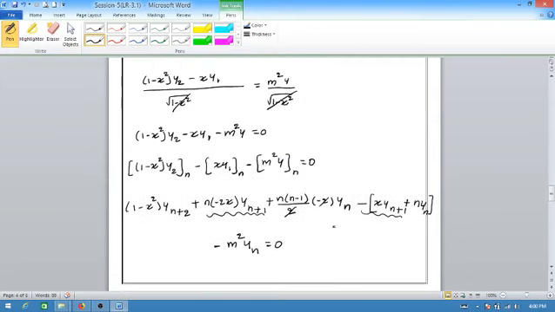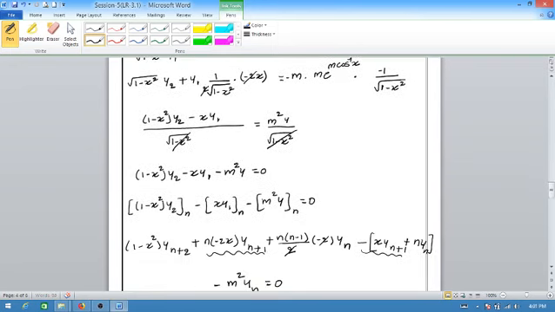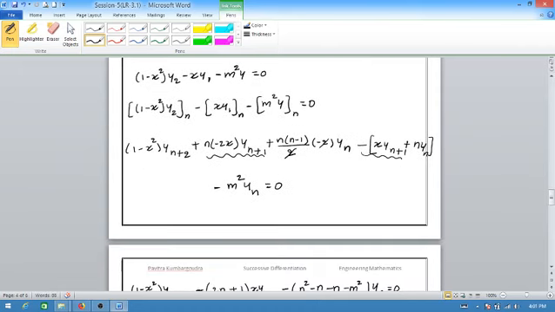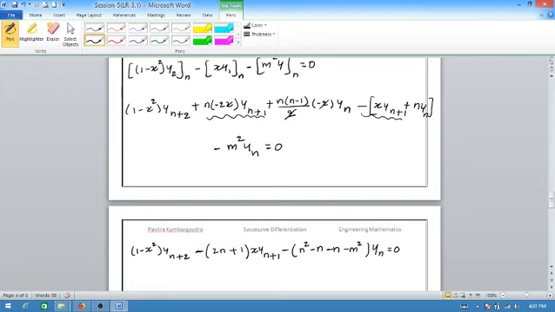Okay, so this is 2n is there, or m square? So this is minus n, I have taken it as a common.